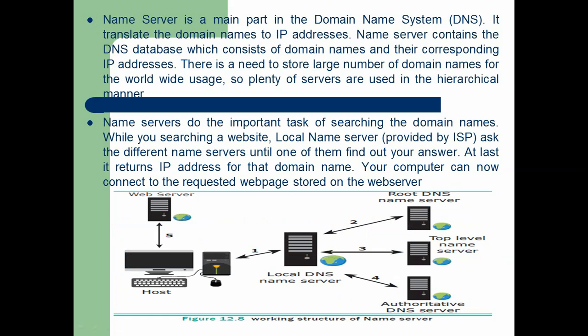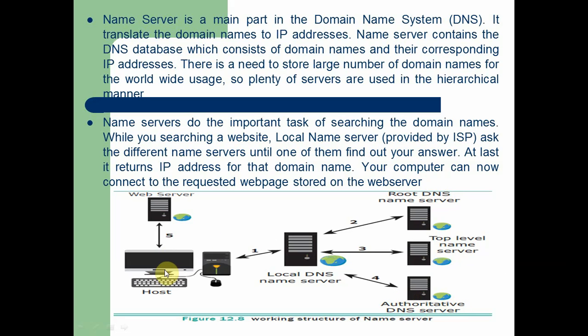So the name server is a main part of the domain name system. In the diagram you can see a web server, a host computer, and a local DNS. In the same way, there are different levels of name servers like root DNS name server, top level name server, and authority name server.